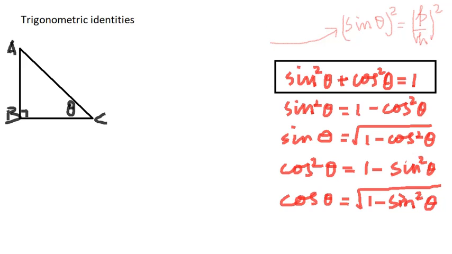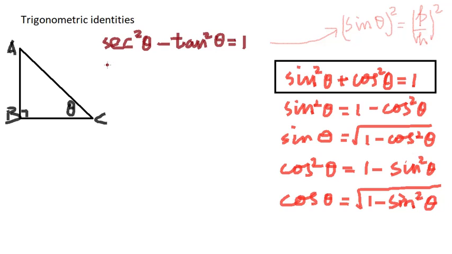So the next identity will be sec squared theta minus tan squared theta is equal to 1.